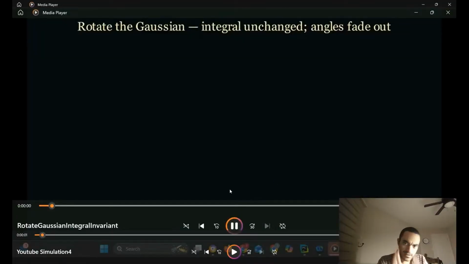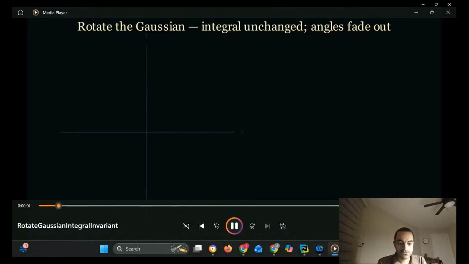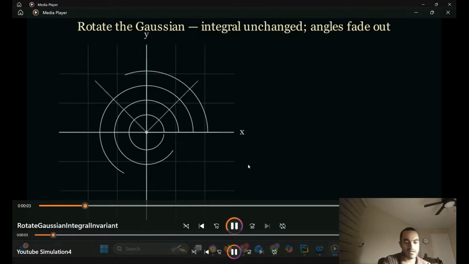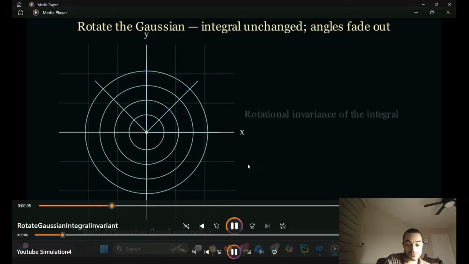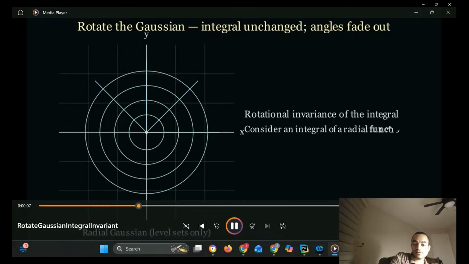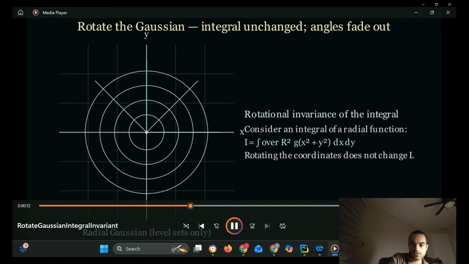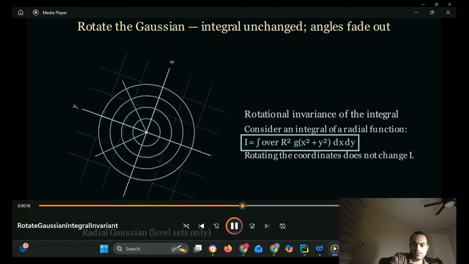We're going to be looking at rotating the Gaussian. I'm going to play the live video here. You'll notice that this model looks really cool. We've got a rotational Gaussian, and our integral remains constant, unchanged.